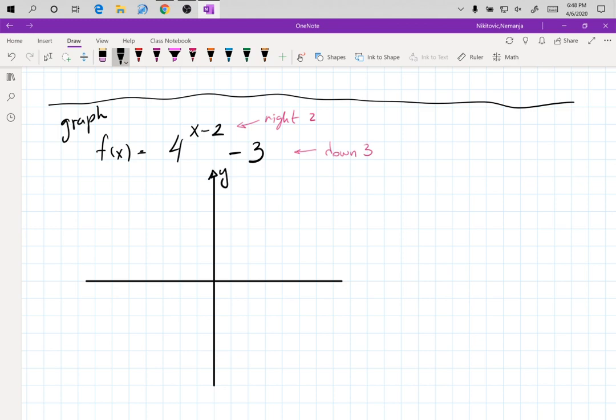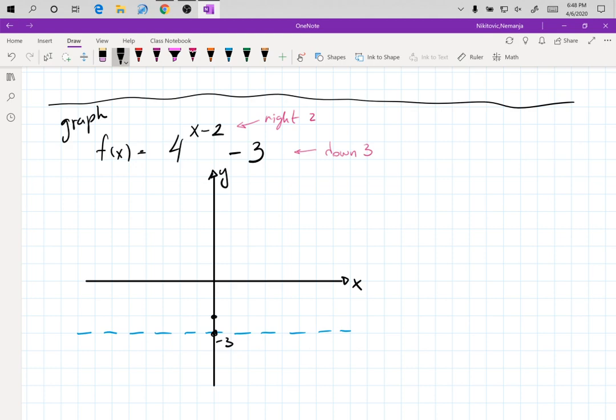So I have my y, have my x. Down 3 units means my horizontal asymptote goes down 3. So that's my -3. And then my intercept should be here, right?